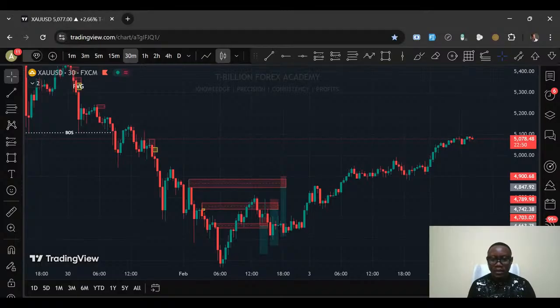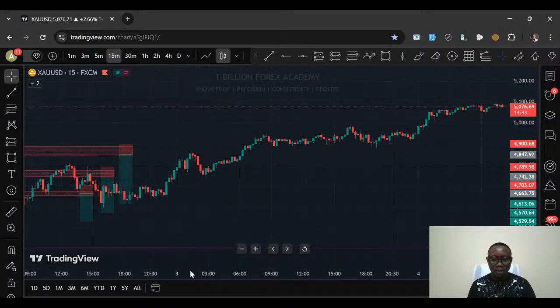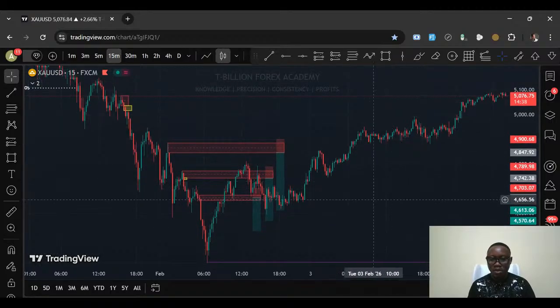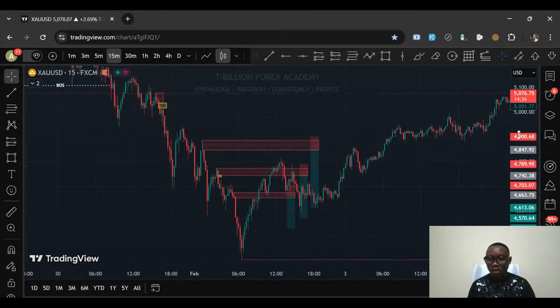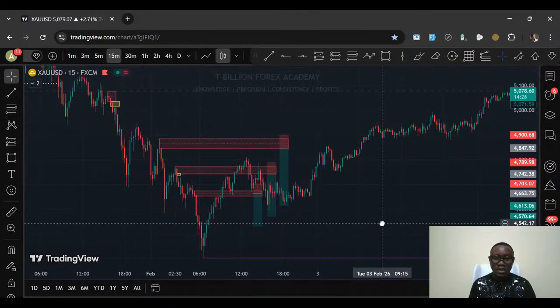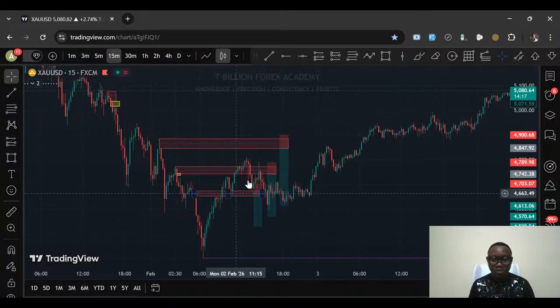If you remember, we were able to mark out the following order block zones, considering the fact that the reason why we changed our bias to a bearish bias was because the market was indeed in a bearish trend. So we were looking at potential supply order block zones that we could take our trades on, and we were able to identify some of these zones.